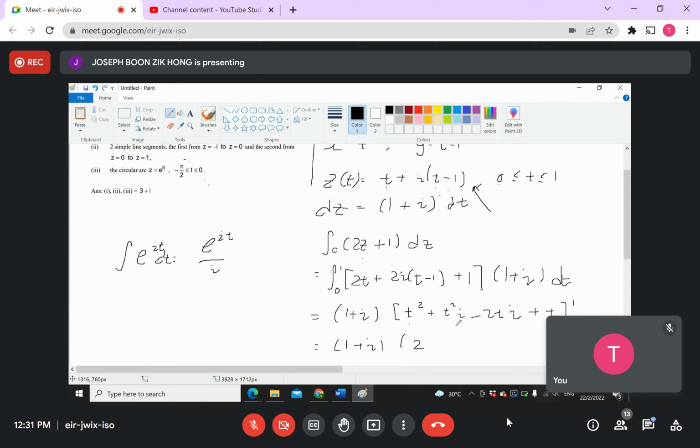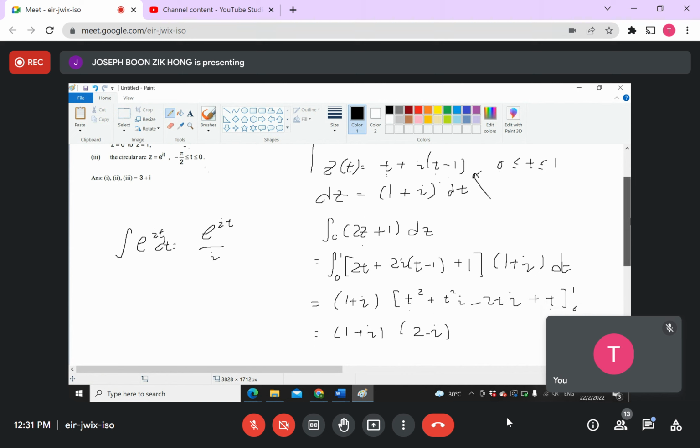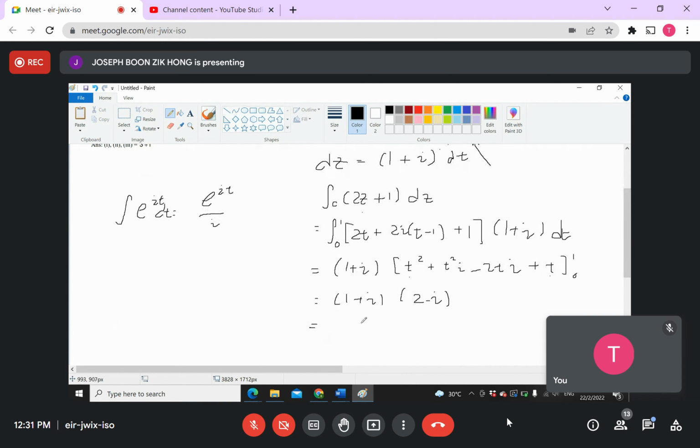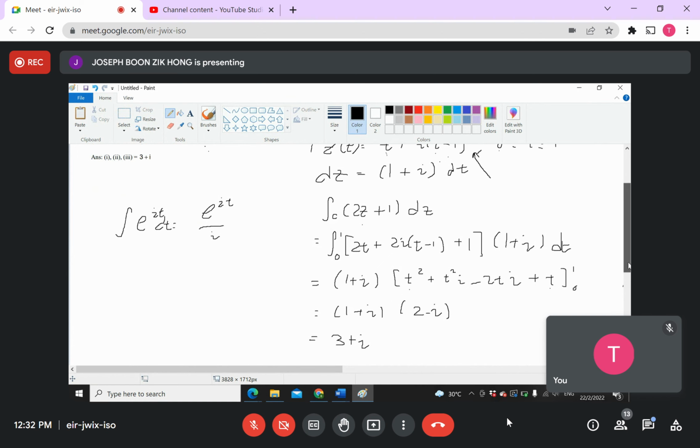And then this one will be i minus 2i, so minus i. So we times inside, I will have 2 plus 1, so 3. Negative 1i plus 2i, so plus i. Okay, have a look, and please ask if you have any questions.